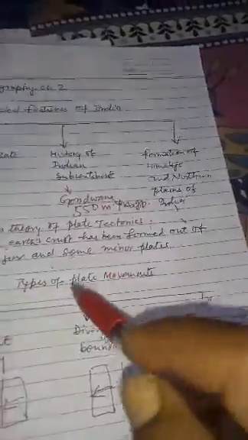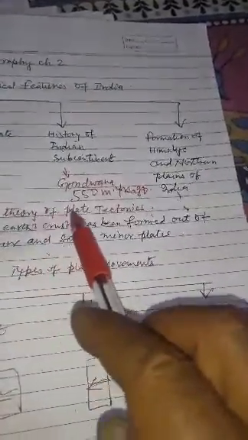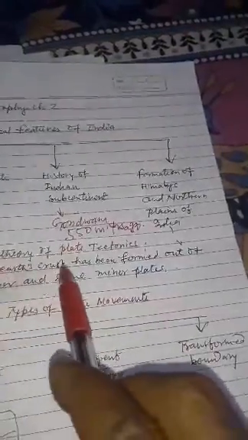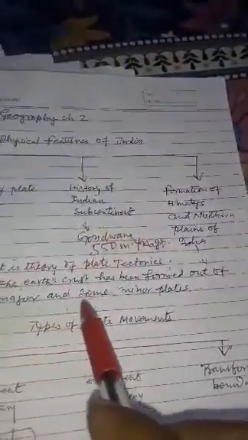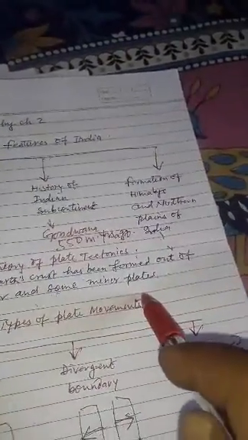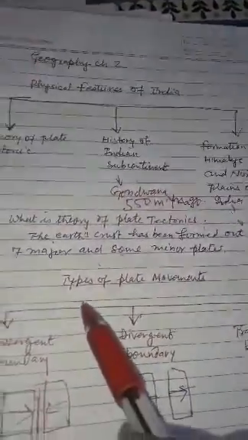Let us see first of all what is the theory of plate tectonics. The Earth's crust has been formed out of 7 major and some minor plates. Types of plate movements. 3 types of plate movements are there.